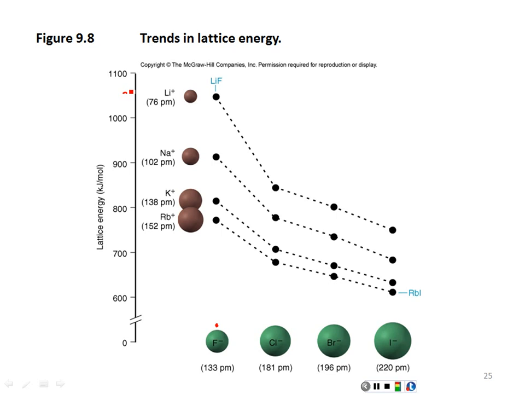So the distance between the lithium and the fluorine is the smallest, so that bond is the strongest. And as we go down group 1A, we see that the lattice energy, the ionic bond strengths, keep getting lower and lower. And the same is true when we go down group 7A.